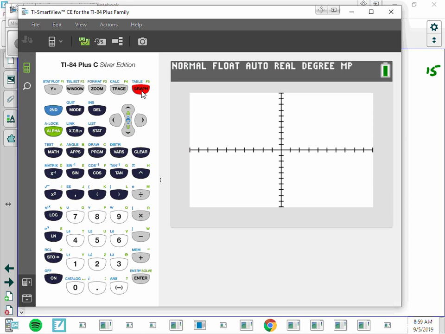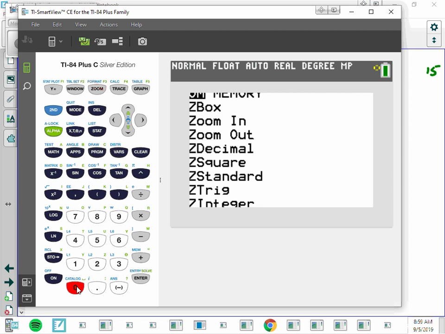Now, I graphed it and I don't see anything. What does that mean? It's not in the window. So one thing that it might be a good idea to try is just do zoom fit, and then that might give you an idea of where the window is. So zoom and then just push 0.